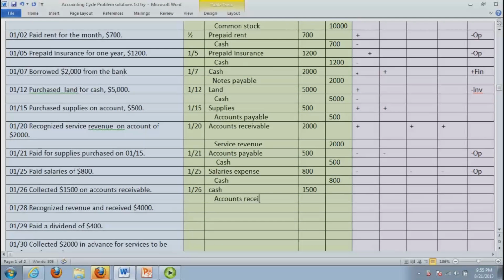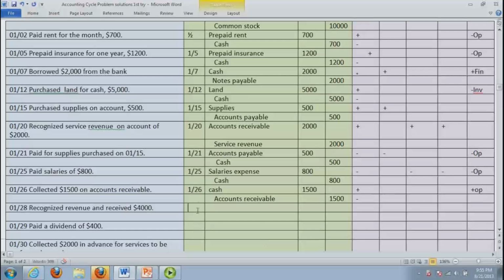So it is an asset exchange. One asset up, one asset down. So on the balance sheet, you can just either leave that blank or you can show a plus and a minus. Nothing else changes for the balance sheet, no effect on the income statement. Finally, with cash flow, we see cash going up, and that's operating.